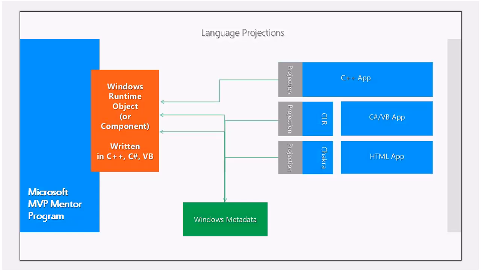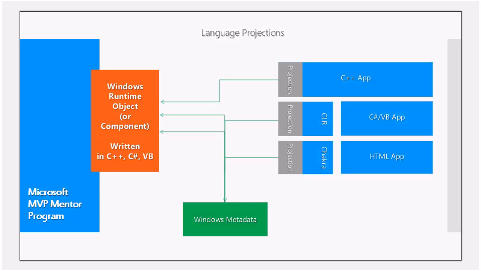There's something else that's important to understand and be aware of, and it's language projections. What is a language projection? Here we have this green box called Windows metadata. That is responsible for the projections, because as you can see, you've got a few boxes.